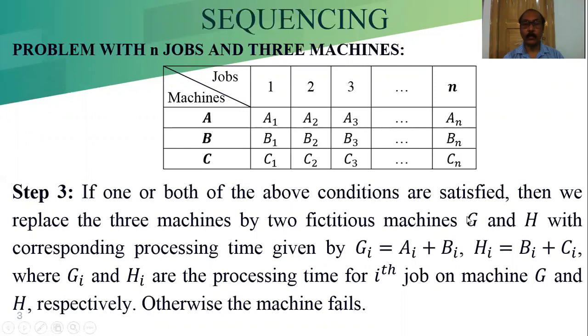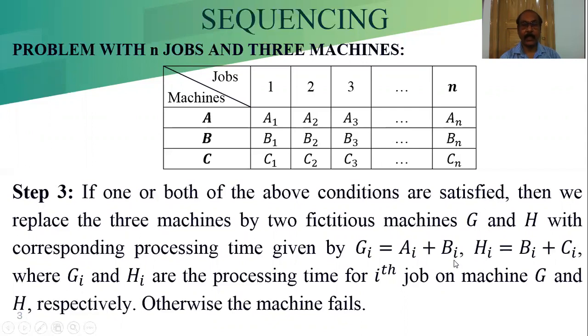Gi is equal to Ai plus Bi. That means the time consumed for the jobs on machine A and machine B, we add that, and we get the processing time for machine G, and by adding Bi and Ci, we get the processing time on machine H.